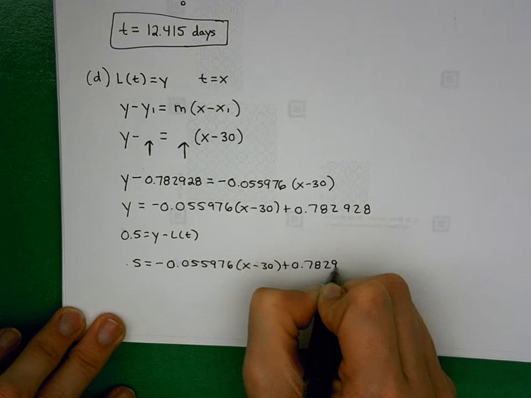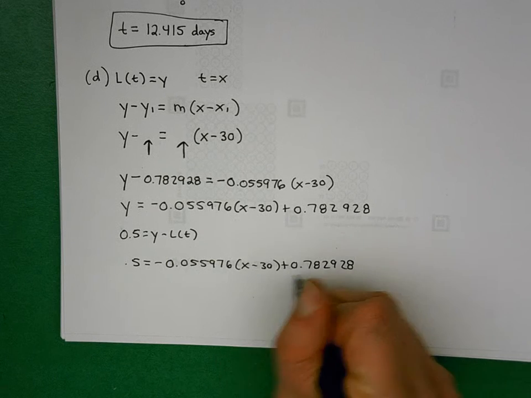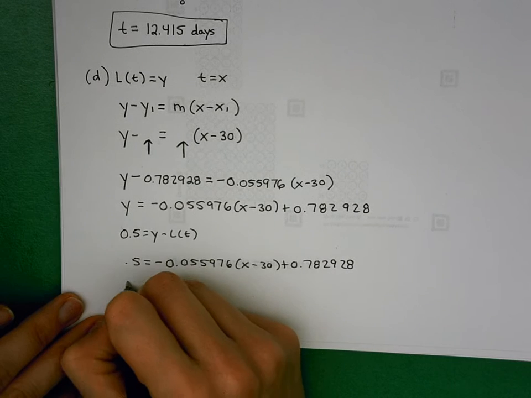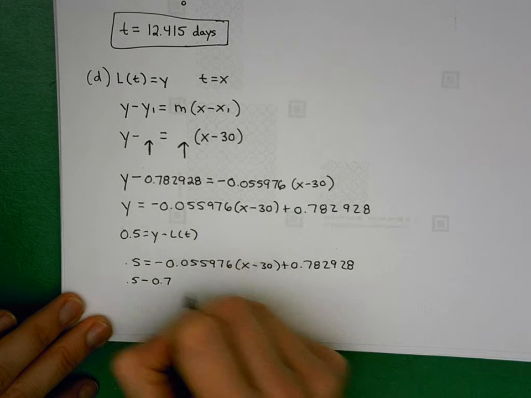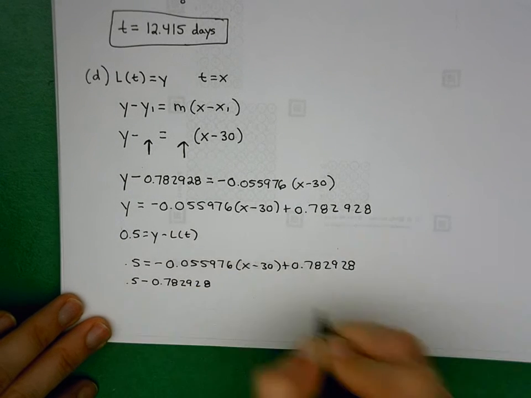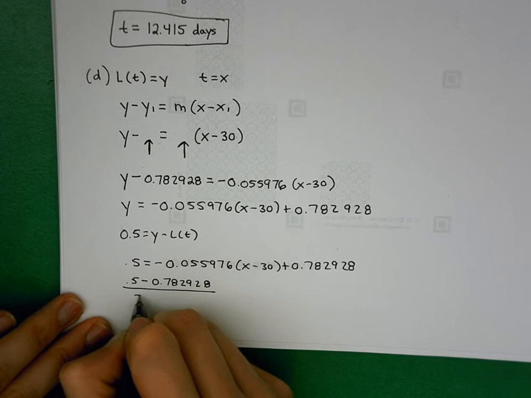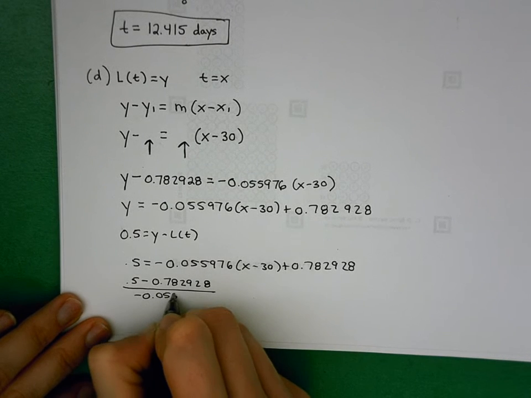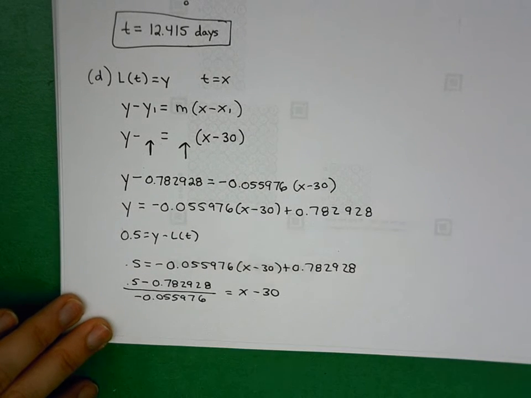And then they do want us to show our work for solving this. It's kind of the ending of the instruction there, so we're going to go ahead and subtract this piece over. So we're going to have 0.5 minus our 0.782928 and divide over this number here. Okay.